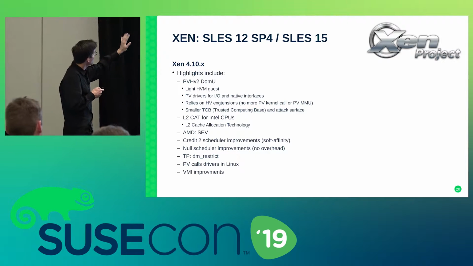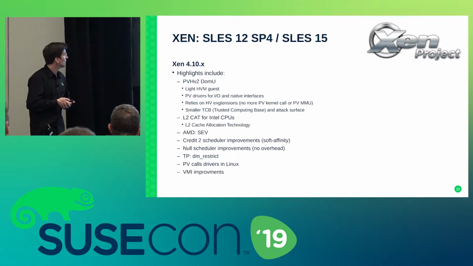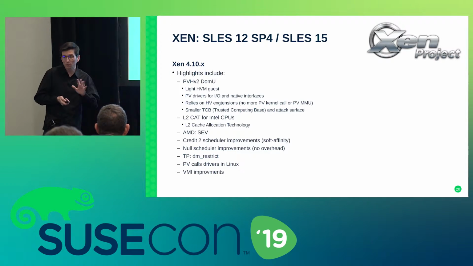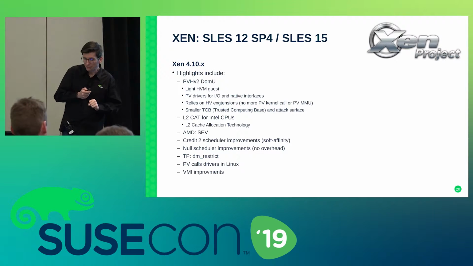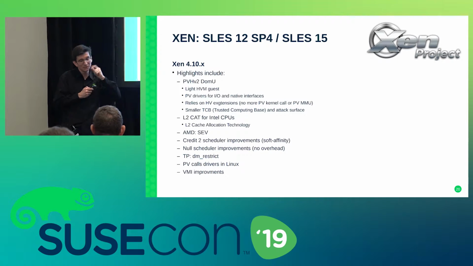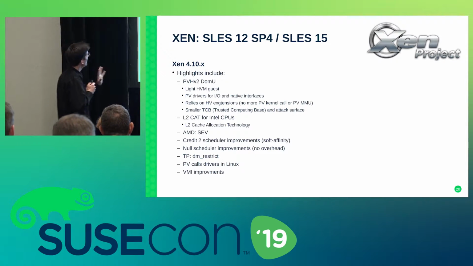And PVH v2 has been worked on by the Xen community and us to provide as much as possible a light HVM guest, which means that it will be a PV guest which will not use any kind of emulation.